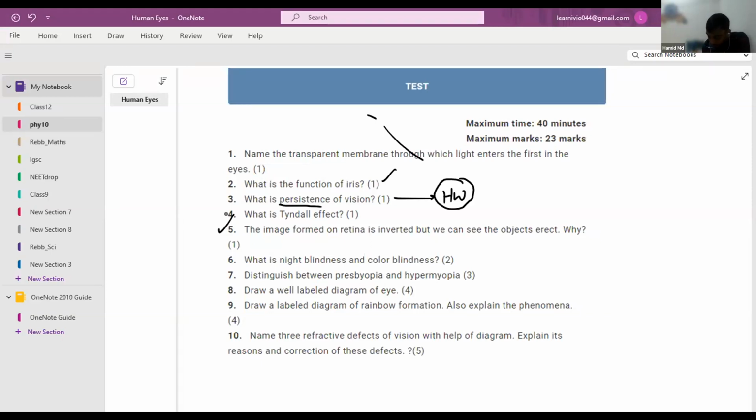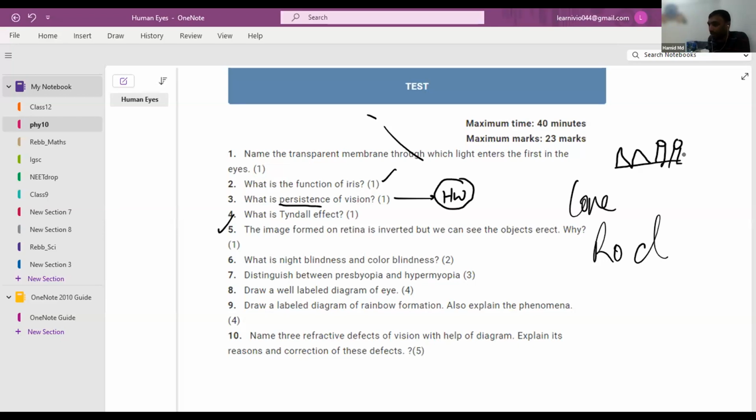Yes. So there is also a concept of cone and rod, right? Cone is like this type of structure, and rod is like this type of structure. Have you heard about these two things? Maybe deleted.